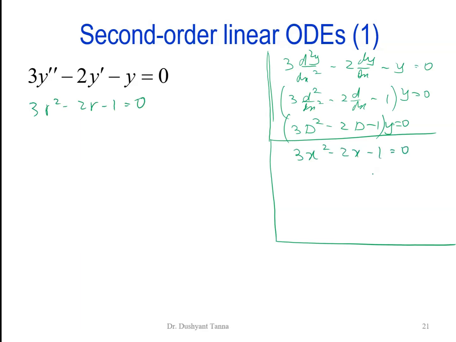I call it the AC method. What you do is multiply A and C, that's your first step. A times C, which is negative. If it is negative, you subtract factors. What are the factors of 3? It's 3 and 1. If anyone has forgotten or needs some help here, please let me know.